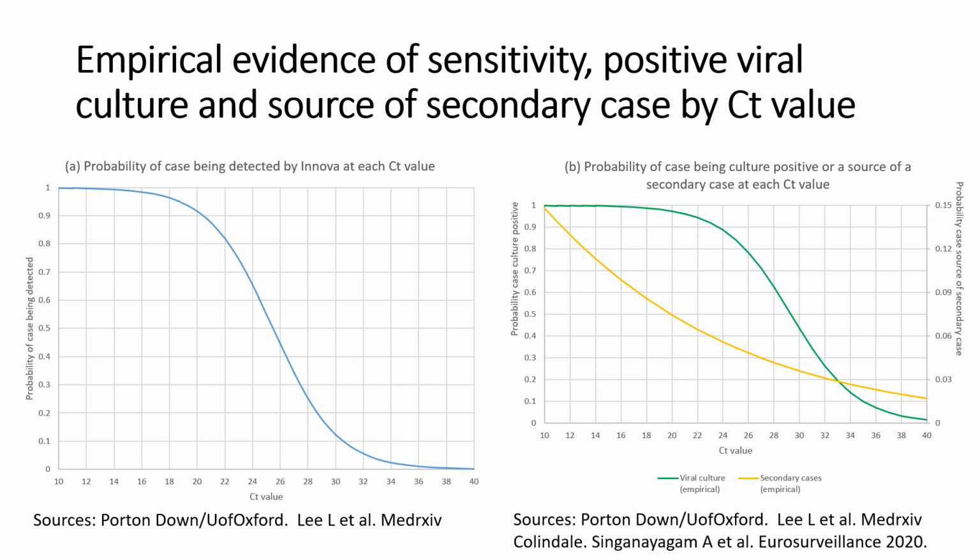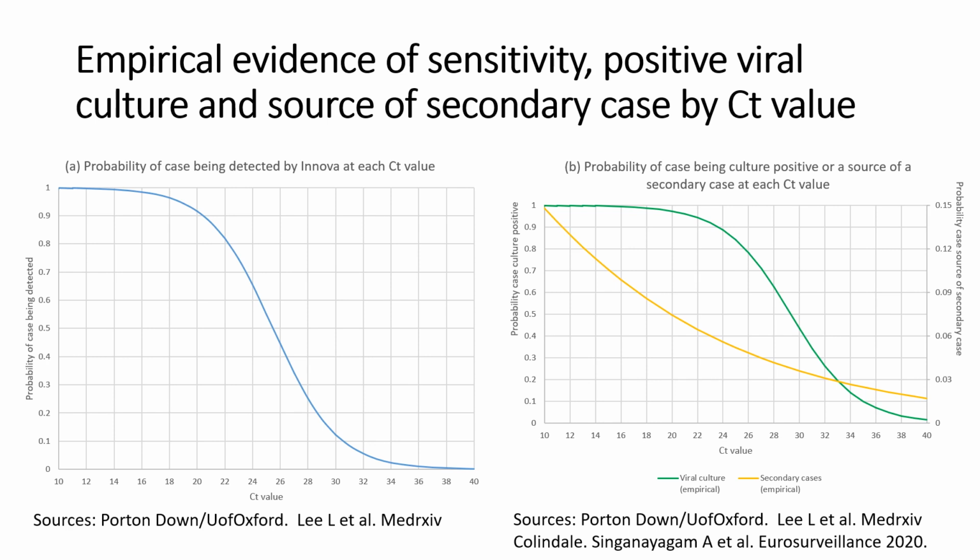We can see here for the INNOVA test that the sensitivity starts very high at high viral loads, at CT values below 20, and then as it moves up between 20 and 30, the test reduces, and after 30 it really is not very good. On the right-hand graph we've got the two lines taken from two figures I've just shown you.